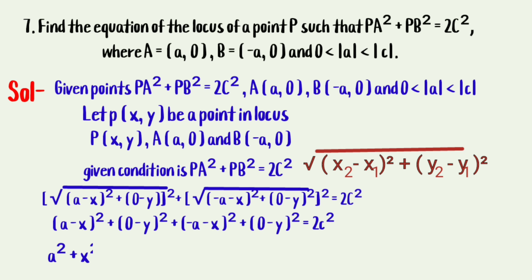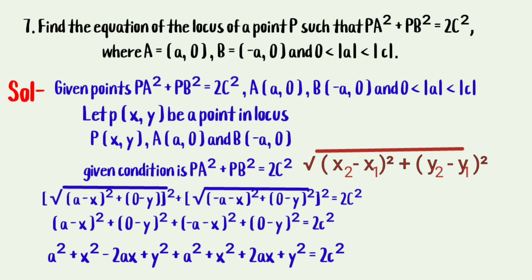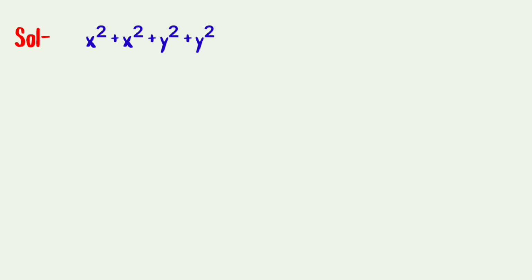So here a square plus x square minus 2ax plus y square, plus a square plus x square plus 2ax plus y square, is equal to 2c square. From this equation we get x square plus x square plus y square plus y square, minus 2ax plus 2ax, plus a square plus a square, is equal to 2c square.